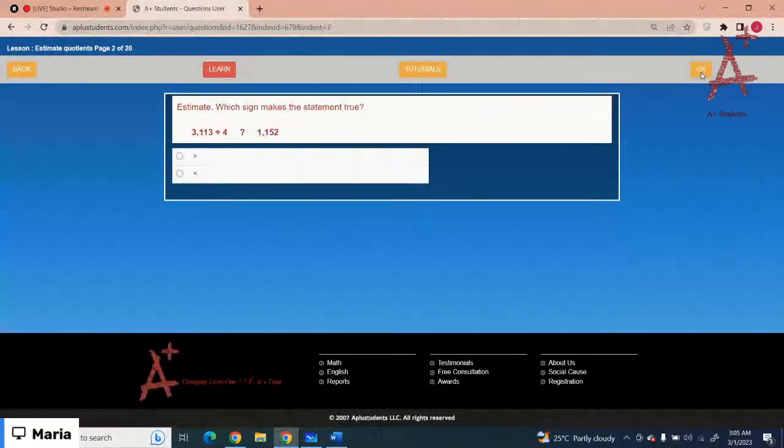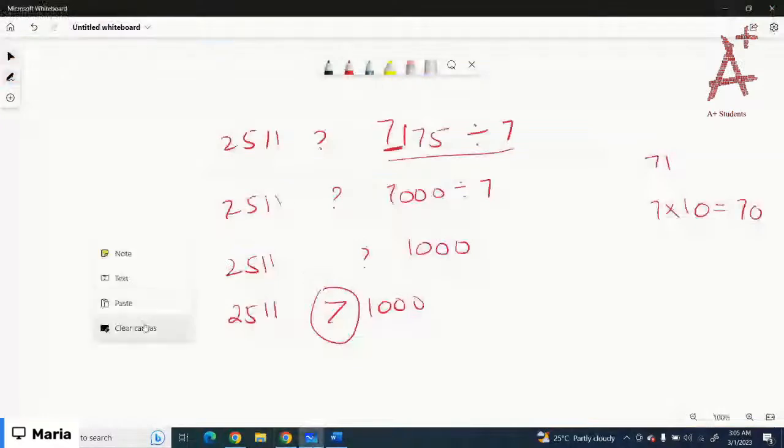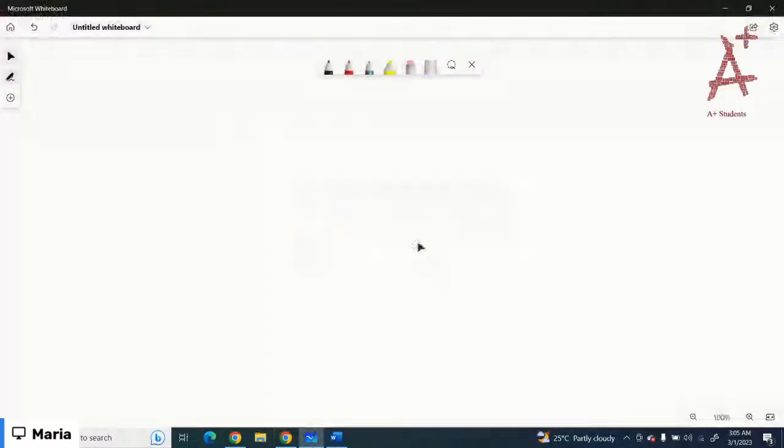Okay, the next one is 3113. I think that's the one we did in the tutorial. Yes, that's the same one. 3113 divided by 4, compared to 1152. Here we have 3113. Just look at the first two digits, 31. 4 times 8 is 32.